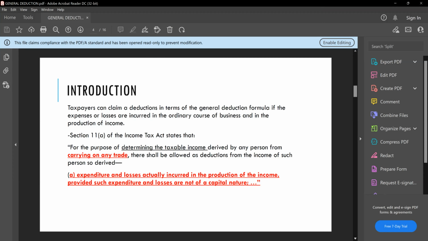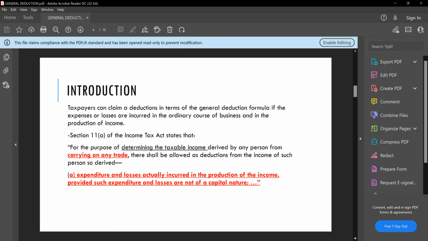Section 11(a) of the Income Tax Act states that for the purpose of determining the taxable income derived by any person from the carrying on of any trade, there shall be allowed as deductions from the income of such person so derived, expenditure and losses actually incurred in the production of income, provided such expenditure and losses are not of a capital nature.